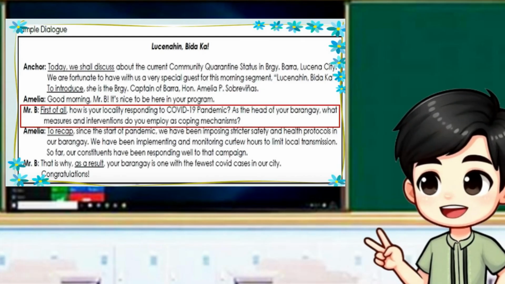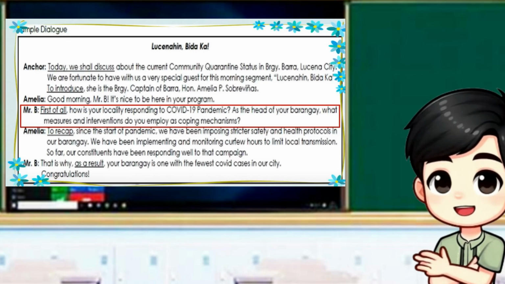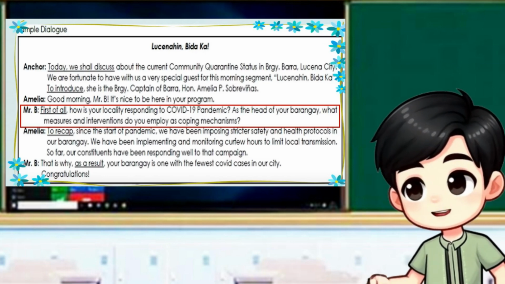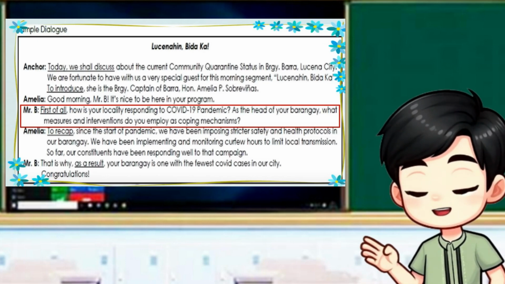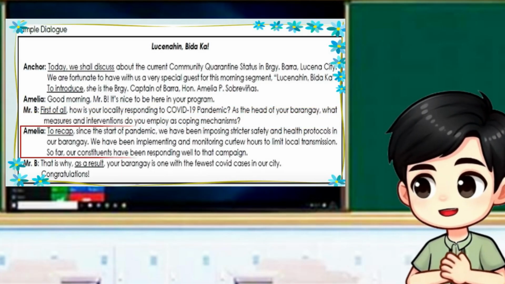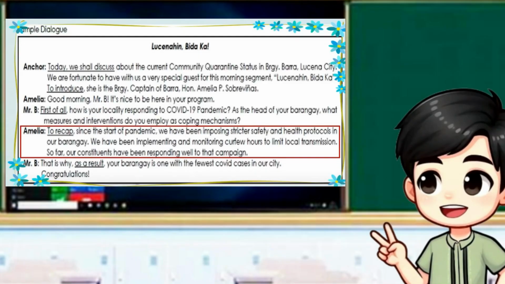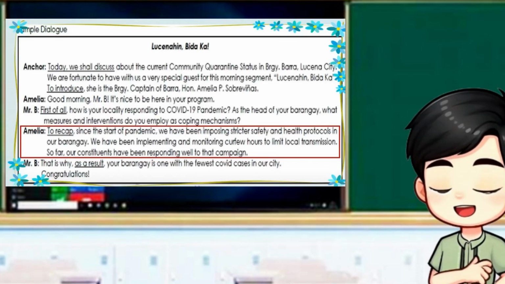Mr. B: First of all, how is your locality responding to the COVID-19 pandemic? As the head of your barangay, what measures and interventions do you employ as coping mechanisms? Amelia: To recap, since the start of the pandemic, we have been imposing stricter safety and health protocols in our barangay.